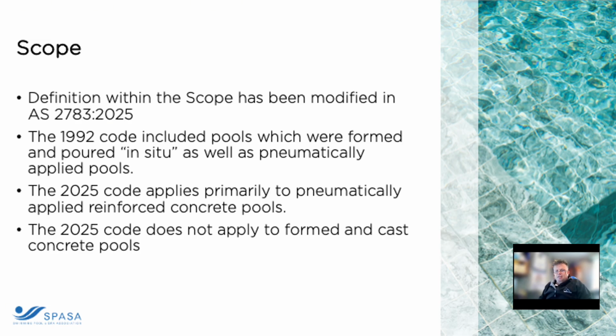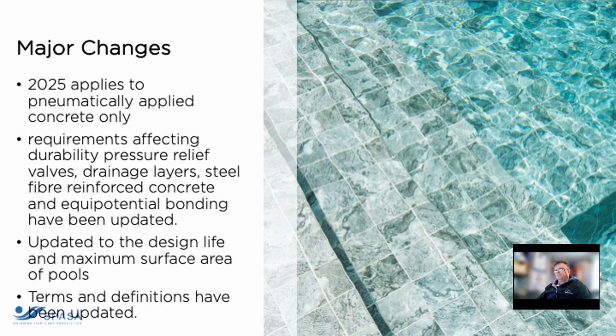It does state in the code that it doesn't apply to formed or cast concrete pools, but in my opinion, it can be used as guidance for those formed and cast, but you would then need to refer back to AS2600 or AS3537. But we will talk about that a little later.